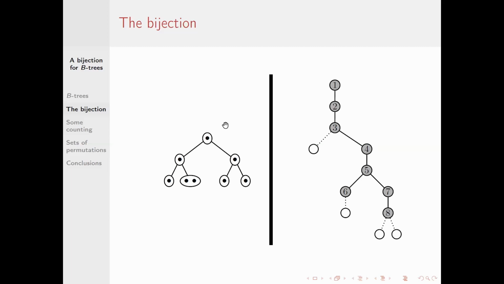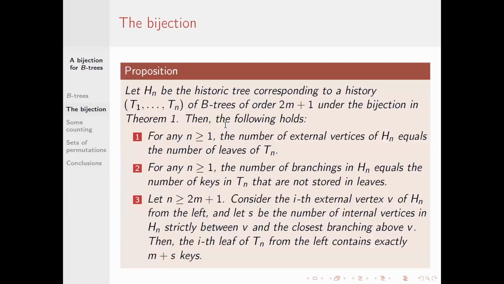Okay. So I think it's somewhat clear that if you do this construction, you can make sure that the number of leaves of the B-tree is always equal to the number of external vertices here, and then it's also clear that it will be a bijection. And indeed, we have this proposition that collects some information about what the bijection does. Notably, the first item says exactly that this is the case.